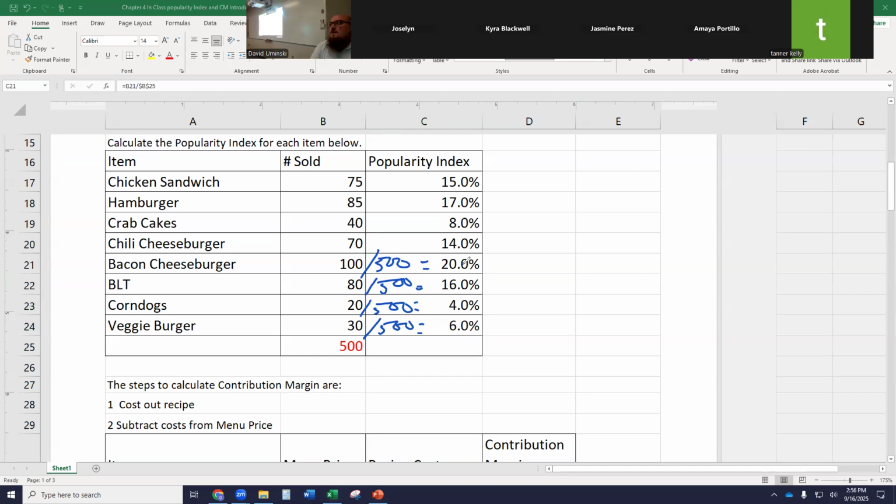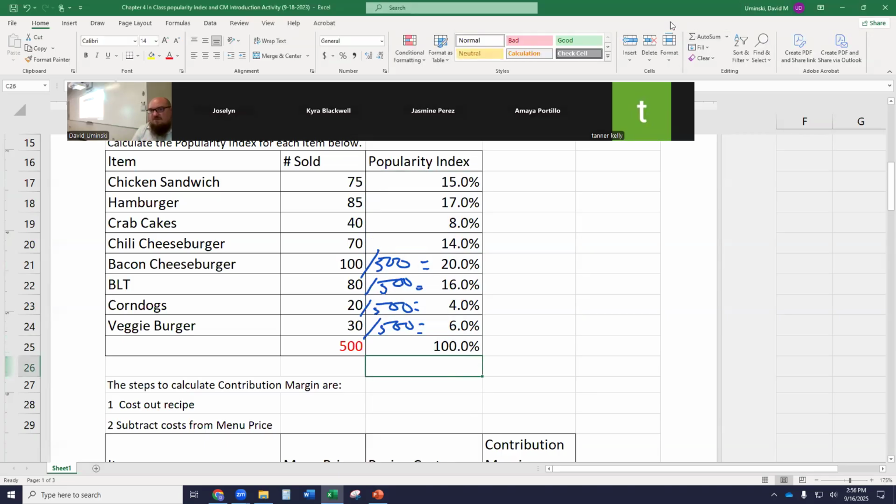So you can check your work up here on the screen. 20% for bacon cheeseburgers, BLTs are 16%, corn dogs are 44%, and veggie burgers are 6%. Okay. How can we test to see if we did our math right for our percentages? Add them all up, and if they equal 100, then we did our math right.